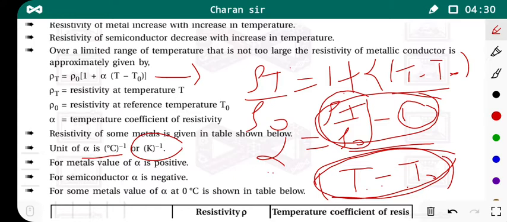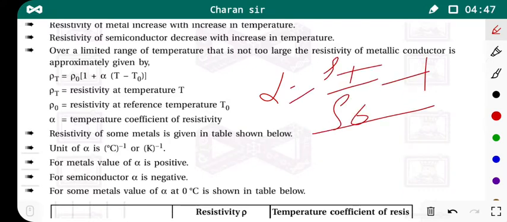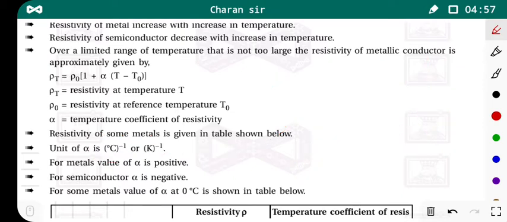So the unit of alpha is degree Celsius inverse or Kelvin inverse. This is known as the temperature coefficient of resistivity.